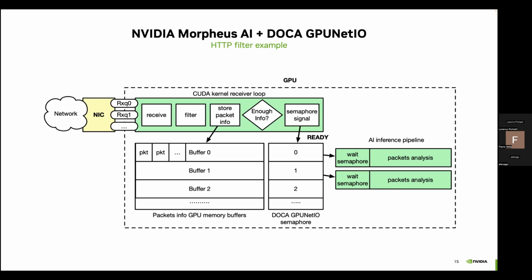You can unblock the AI pipeline to go into the buffer, read the packet information, and do whatever inference it has to do. There is a super tiny CUDA kernel waiting on the semaphore. It detects that the semaphore item is ready, and so it unblocks the AI pipeline, letting it know that the packets are in buffer 0.